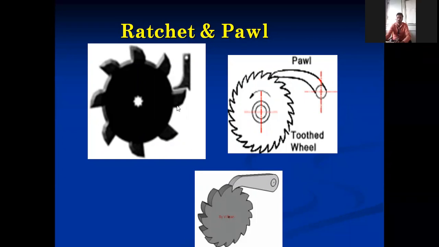For example, a bicycle. सगळ्यांनी सायकल चालवली असेल. I am taking the example of a simple bicycle. When we rotate the pedal in the forward direction, what is happening?